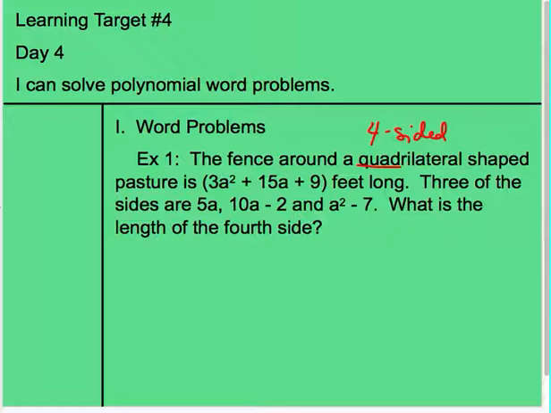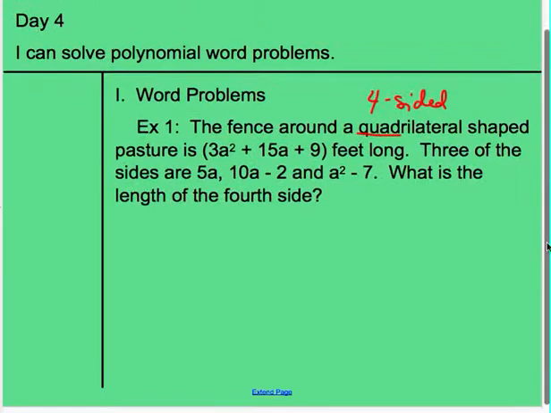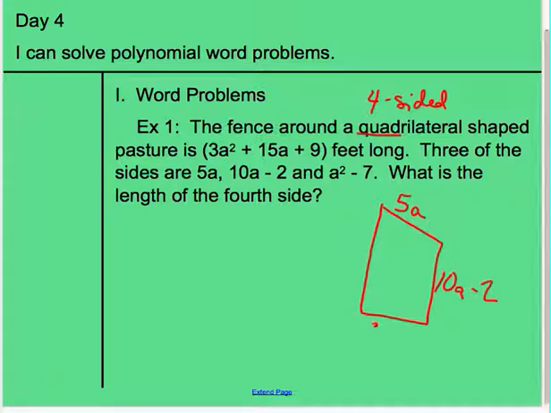So the first thing that I typically do when I encounter a word problem is draw a picture. It doesn't matter what your four sides look like, and it doesn't matter which side you label which. So one side is 5a, another side is 10a minus 2, a third side is a squared minus 7, and we need to know the length of the fourth side, given that the fence around all four sides equals this expression.